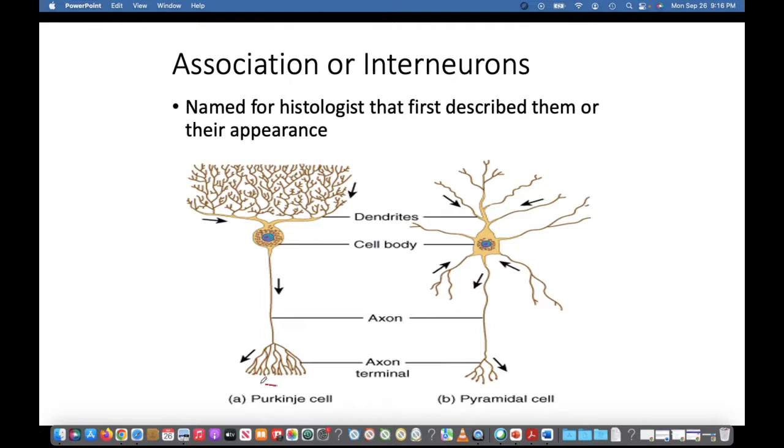So Purkinje is named after the histologist, but pyramidal, because pyramid, if you look at the cell body here, these look pyramid shaped. Okay, so when you read about some of these fibers, you have a little bit of familiarity as to how these things earned their names.